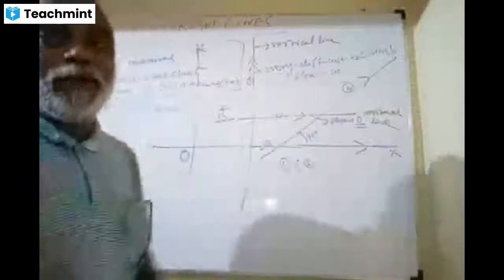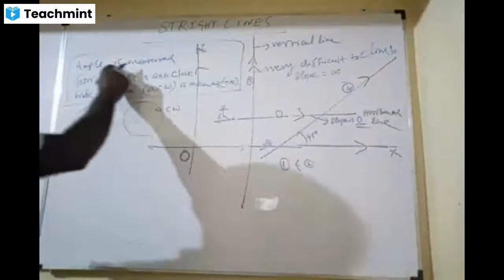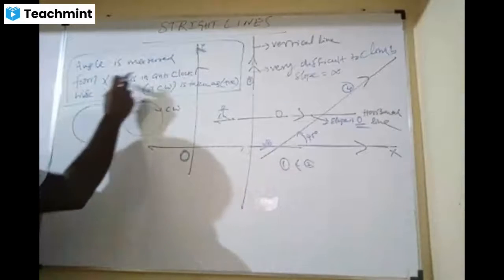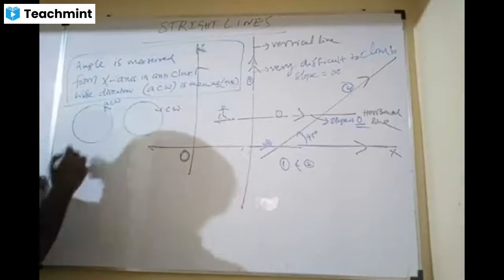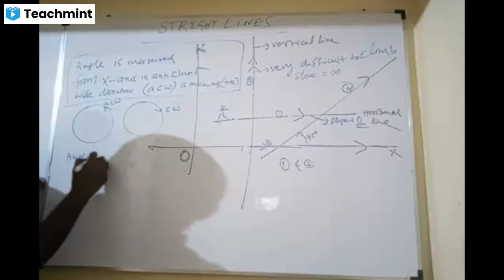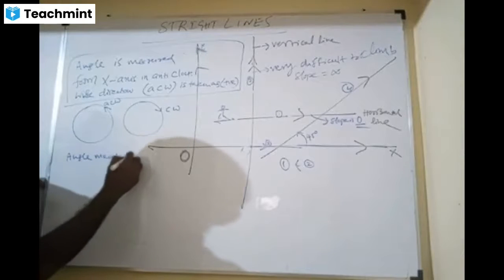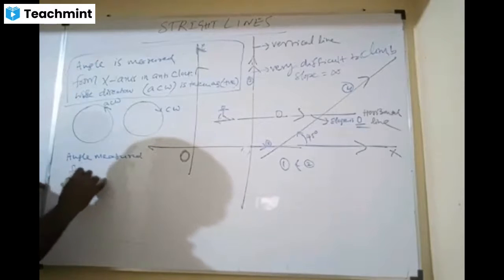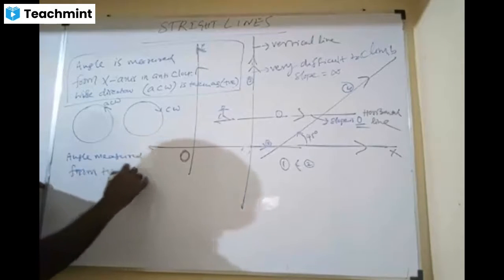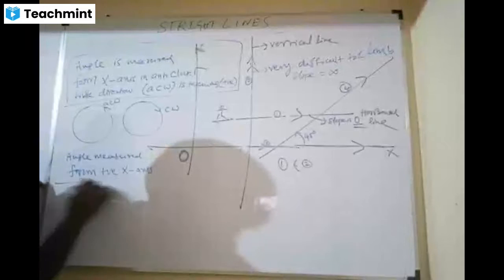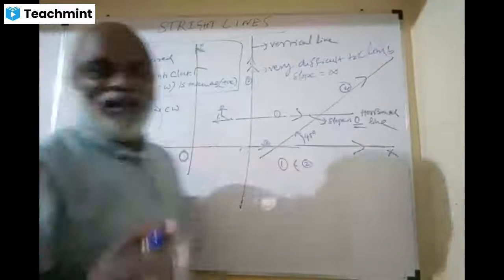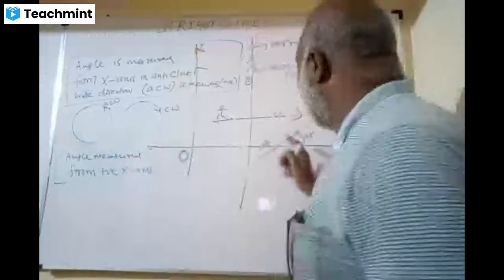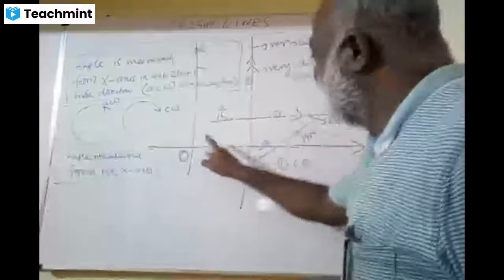Please understand this point. Sometimes, instead of writing anti-clockwise direction, they say angle measured from the positive x-axis. Don't get confused, ma. It should be measured from the positive x-axis. This is the positive x, this is the negative x.